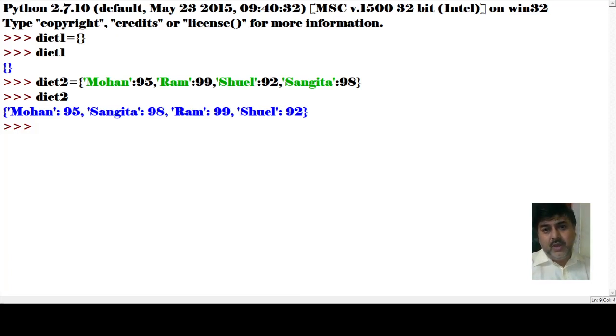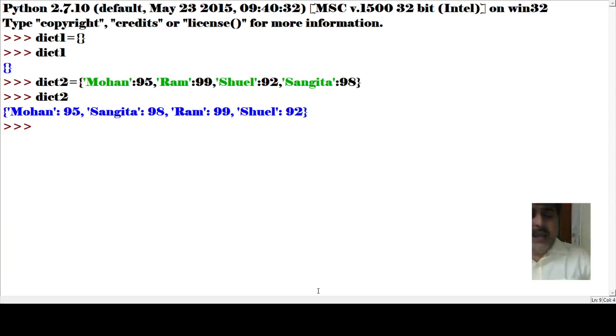Now we need to access those values. Suppose I want to find the value of a particular key, for example the value of RAM.